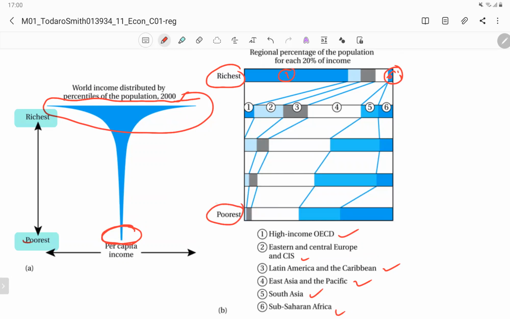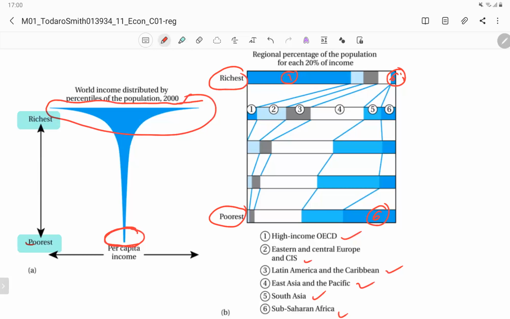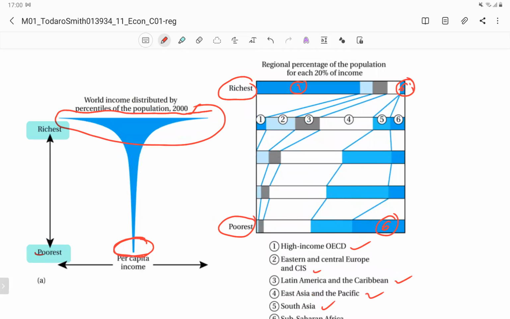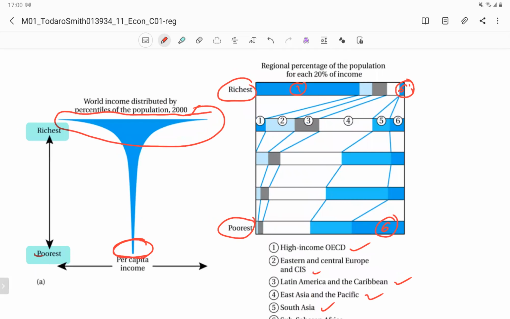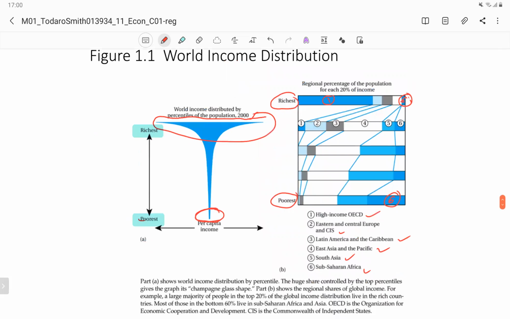Meanwhile, in the poorest, we can see that in Sub-Saharan Africa the proportion is very high, and in the OECD the proportion is smaller. So this is the regional percentage of population for each 20% of income. Basically, both of these figures show income inequality in terms of region and in terms of income distribution.